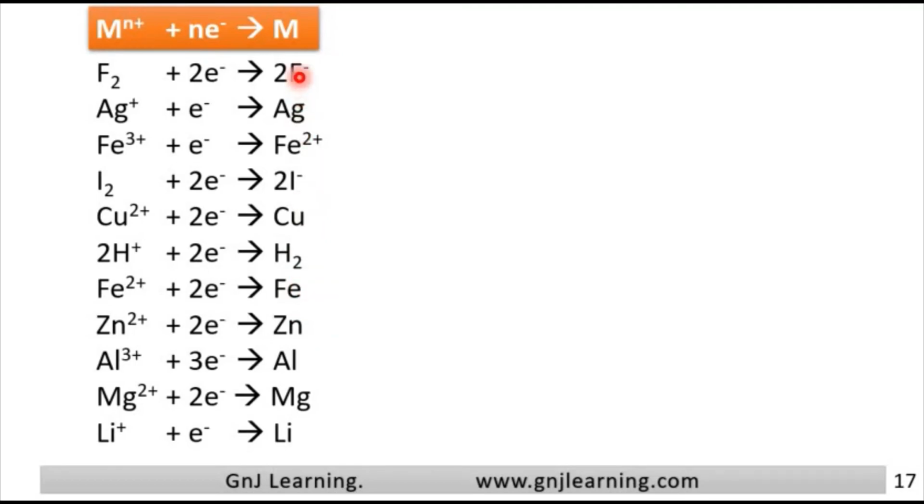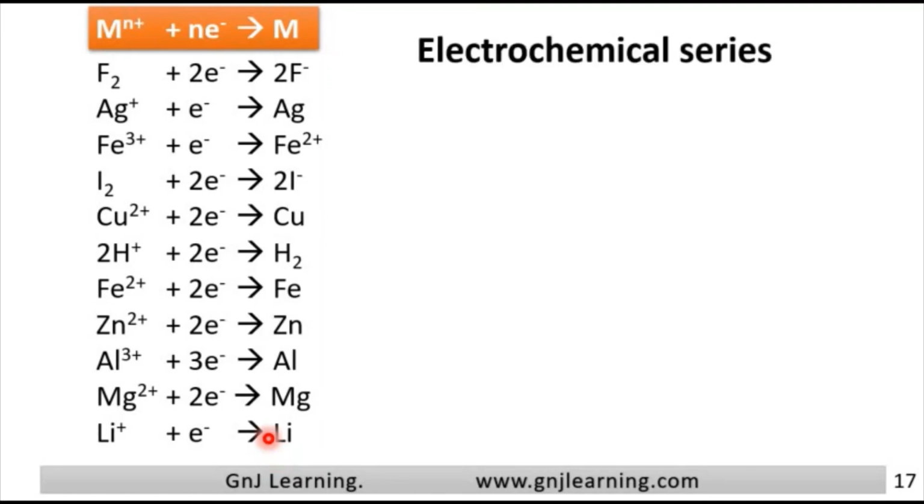Again, these are the various half cell reactions. I have arranged them in a way that as we go down, the electrode potential decreases. So electrode potential is maximum for this half cell and minimum for the lithium plus to lithium half cell. Such an arrangement is called the electrochemical series.